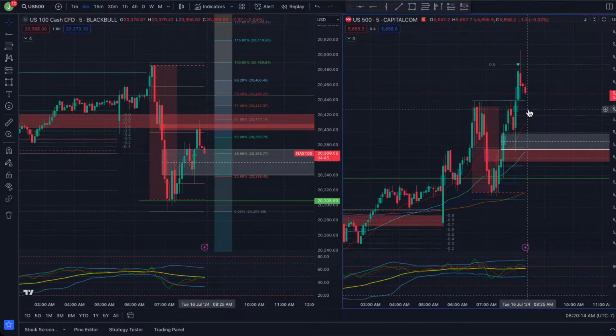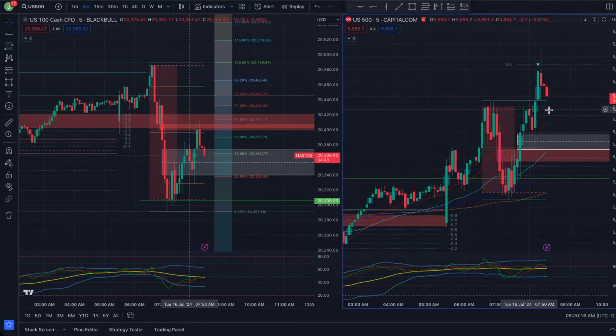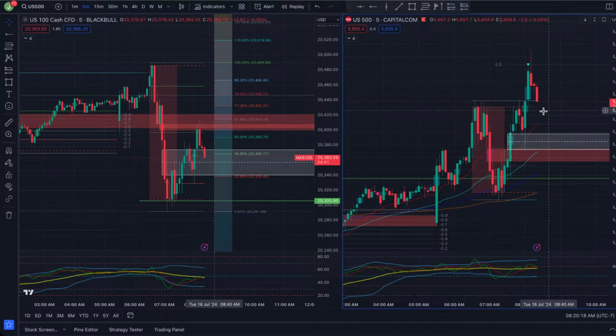There we go. US 500, finally doing that retracement. We want to see displacement candles. It's now hitting the top of the range, but I'd like to see it retrace a little deeper into this fair value gap here. And even lower, possibly.